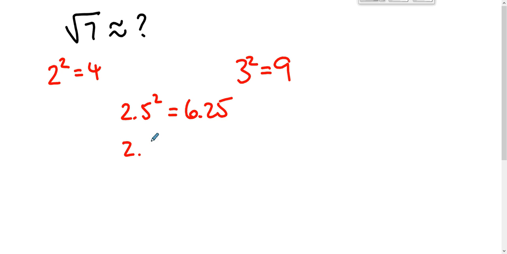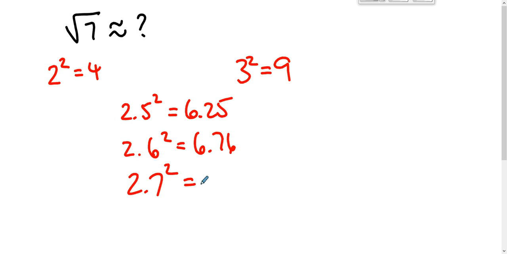Well, it's probably closer to 2.6, and 2.6 squared is 6.76, so it's bigger than 2.6.